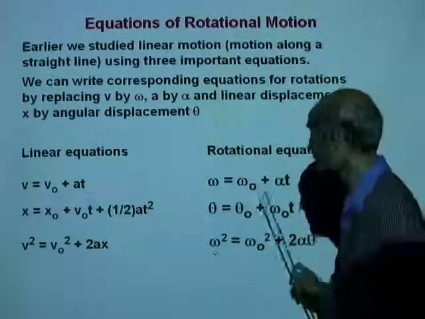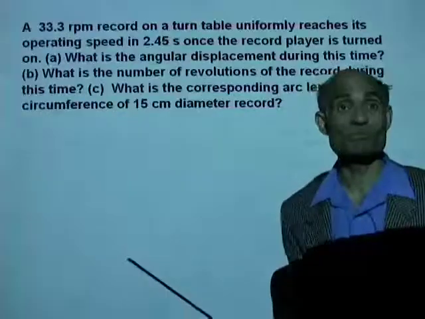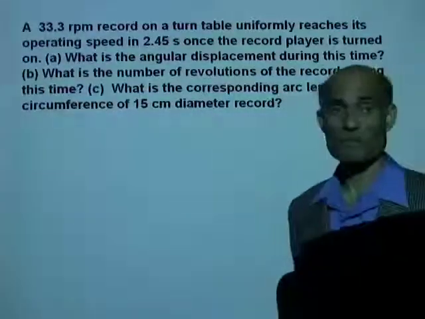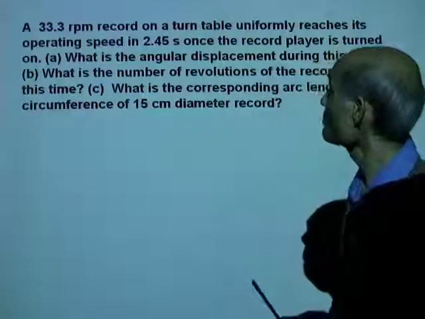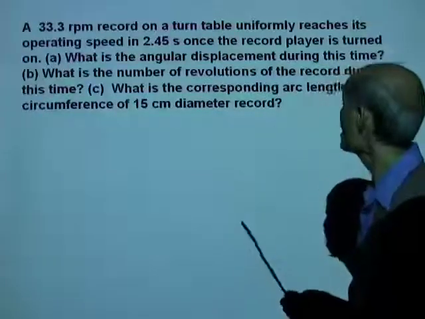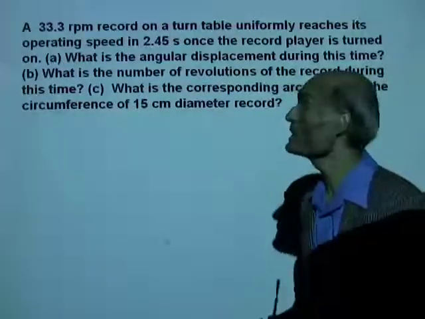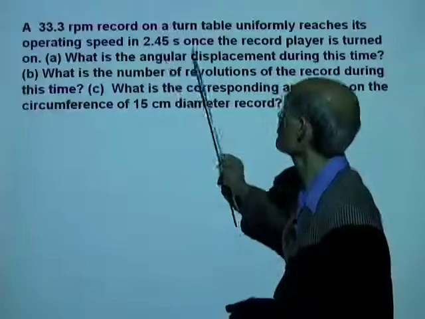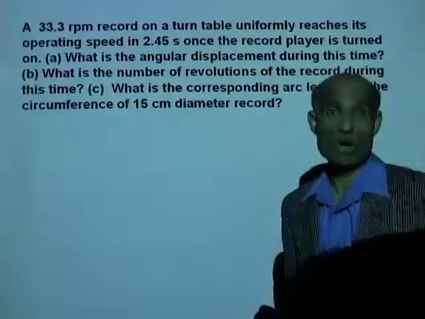Okay, we can now use these rotational equations to solve problems. Let's do a small problem. A 33.3 RPM record on a turntable uniformly reaches its operating speed in 2.45 seconds once the record player is turned on.